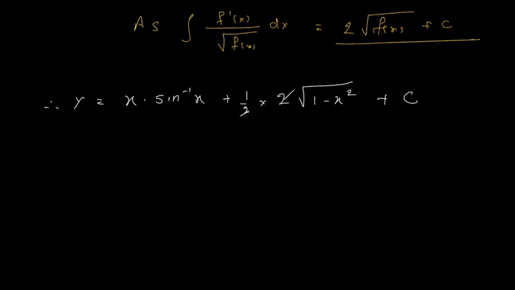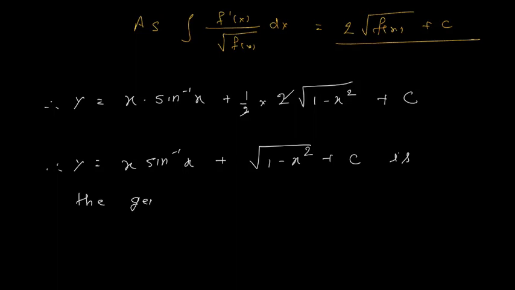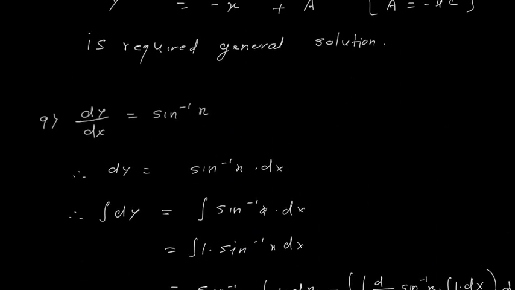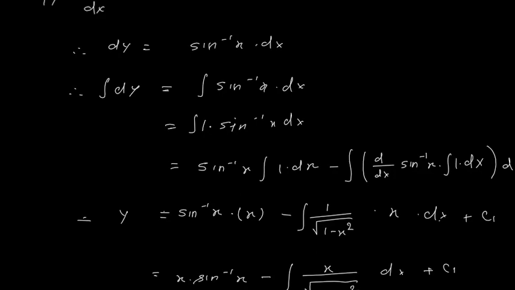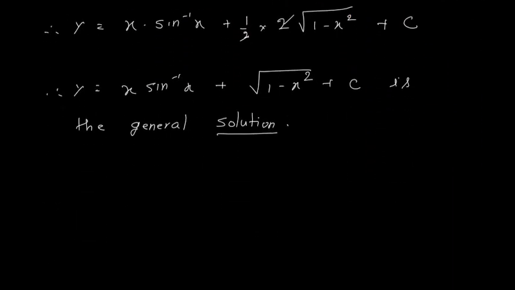So therefore y is equal to x sine inverse x plus root of 1 minus x square plus c is the general solution. This is the required general solution. dy upon dx is equal to sine inverse x. We have integrated and we got this as the general solution.